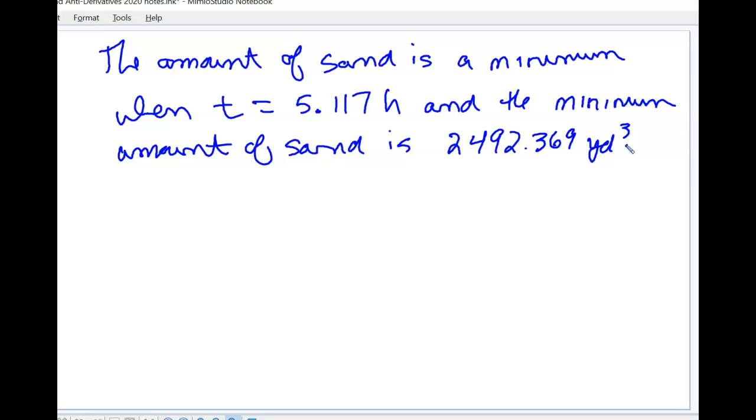So again, I just want to go through an example here with you to show you how we can apply these definite integrals to some free response questions.